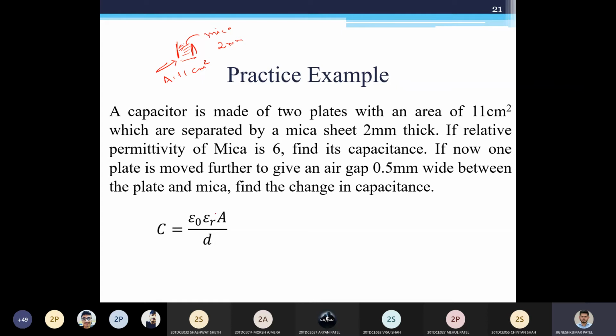You have to convert either farad per meter into farad per centimeter or farad per millimeter, and according to that convert d into centimeter or meter. The easiest option is to keep epsilon 0 as it is, convert the area from centimeter square to meter square, and d from millimeter to meter. So how to do that? We know that. How to do that?